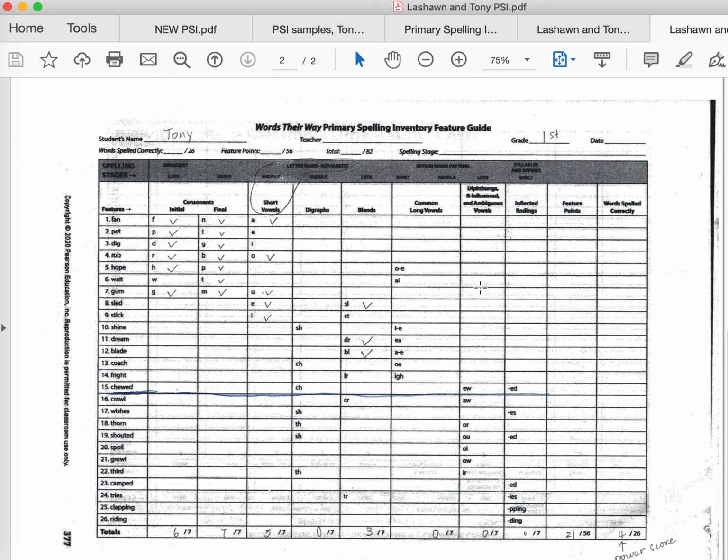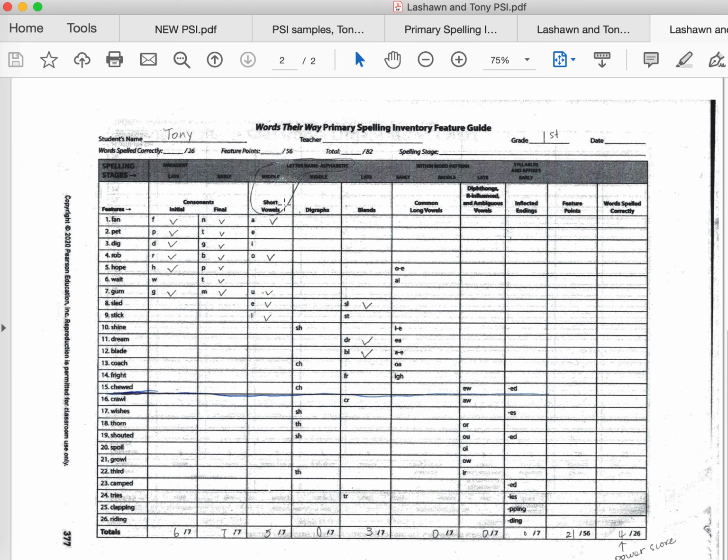Now let's look at the teacher's score in the initial consonant column and compare it with yours. Tony correctly represented all scored initial consonant spellings, except for his spelling of the sixth word, wait. He had the opportunity to represent 7 final consonant spellings, and he spelled all of them correctly, 7 out of 7.